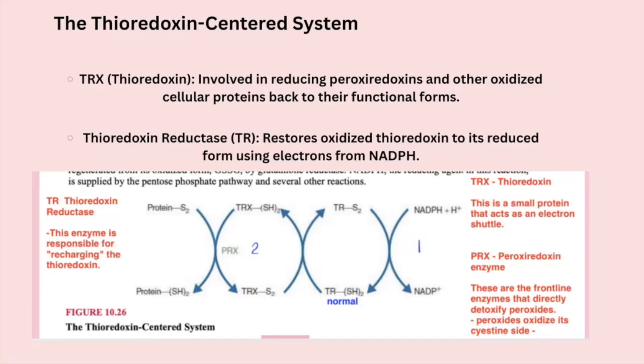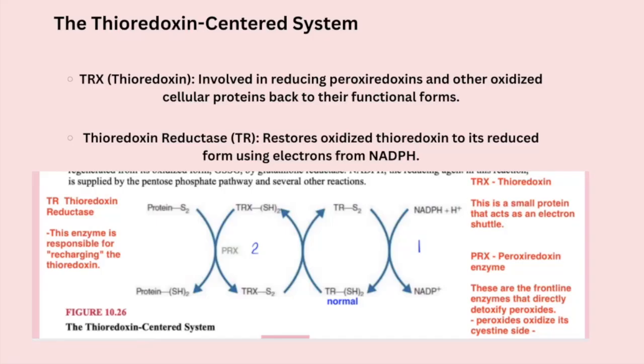From its name, it's going to deal with the thioredoxin and reduce it. Reductase, okay, it's going to give it a hydrogen group. And we have the peroxiredoxin enzyme, which deals with the hydrogen groups as well, but more with the peroxides. Okay, directly.